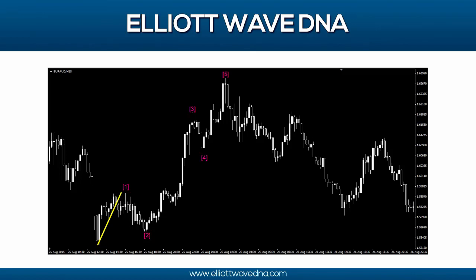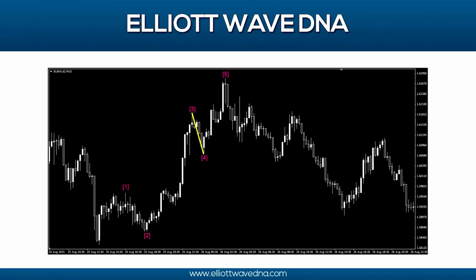After that, we are going to watch for the second pullback that will hold above the starting point of wave 1 and call it wave 2. After that, in wave 3, we should be able to see 5 smaller waves. In this case, that's correct, so we can move on and watch the next pullback.